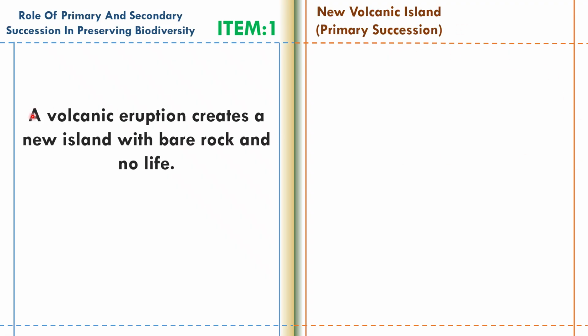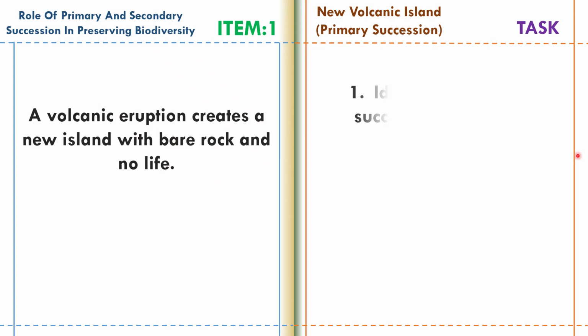Role of primary and secondary succession in preserving biodiversity. Item 1. We are looking at a new volcanic island. Primary succession. A volcanic eruption creates a new island with a bare rock and no life.